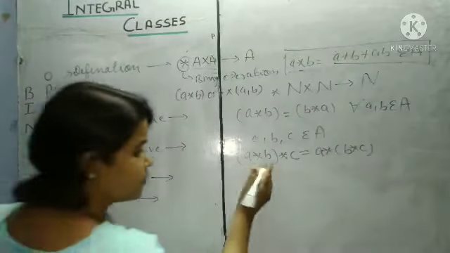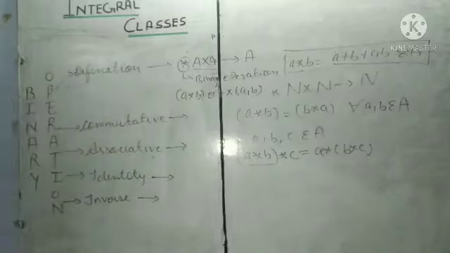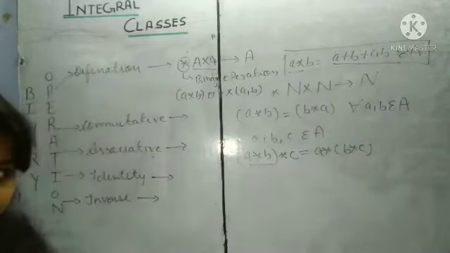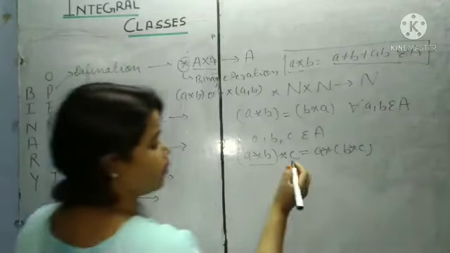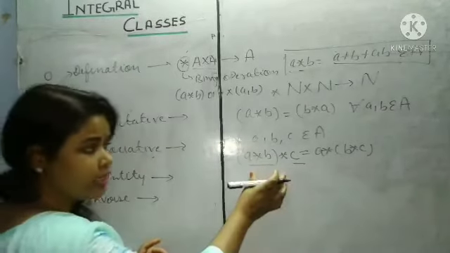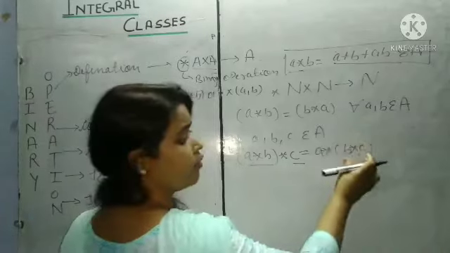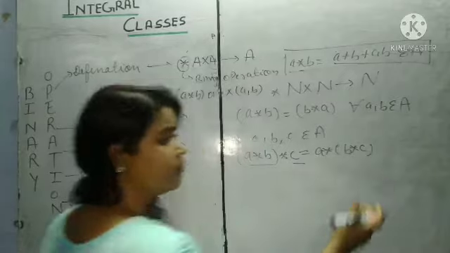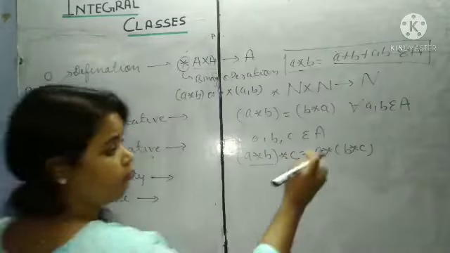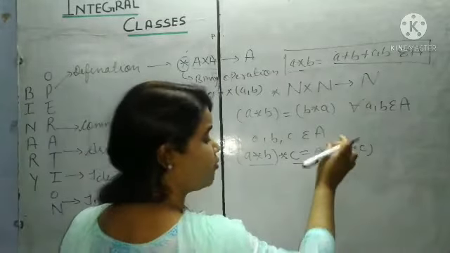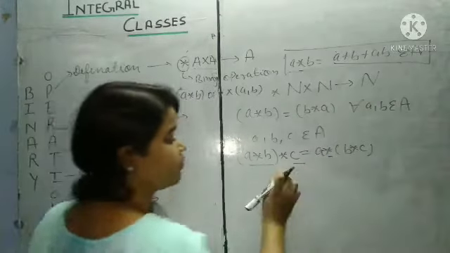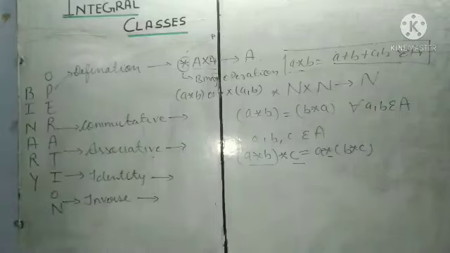It means first we apply the binary operation on two elements, then we get a resultant and apply it with the third element. The result is equal to applying the binary operation on the last two elements, getting a resultant, and applying the binary operation again with the first element. In these two conditions we get the same resultant. So this is called associativity.